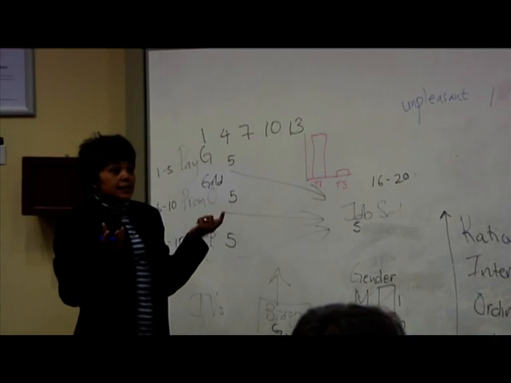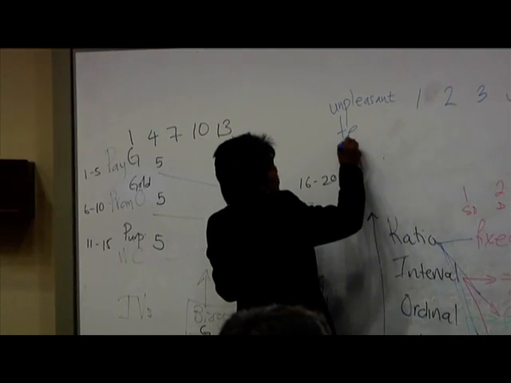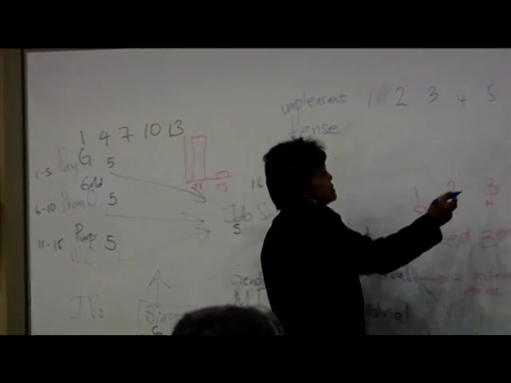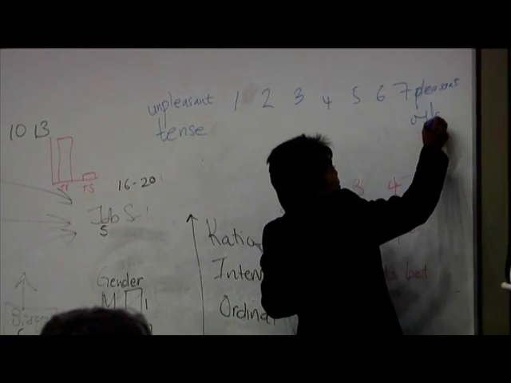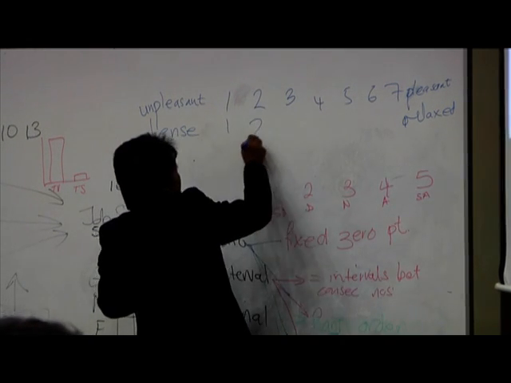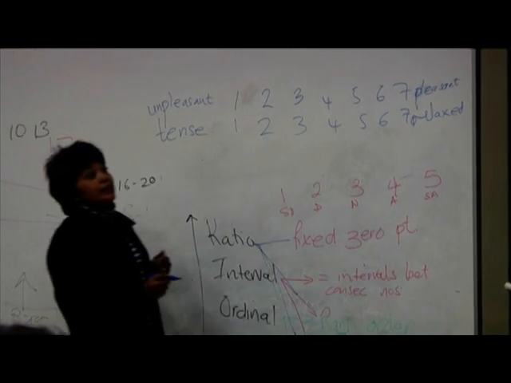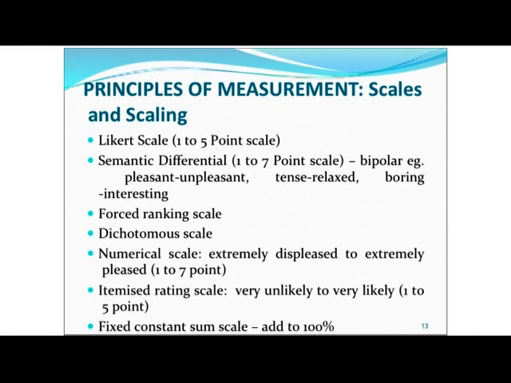Tense, relaxed. Again, using the 1, 2, 3, 4, 5, 6, 7. And the next one, boring, interesting, which I'm going to put as interesting, boring, just to prove a point.